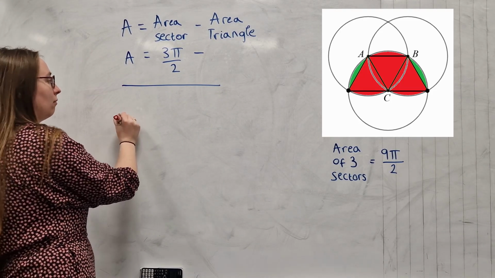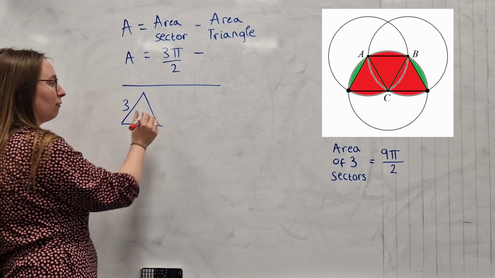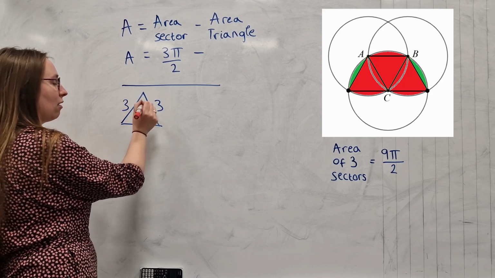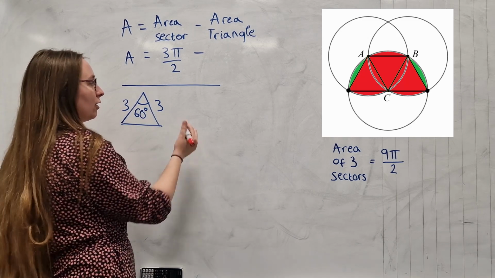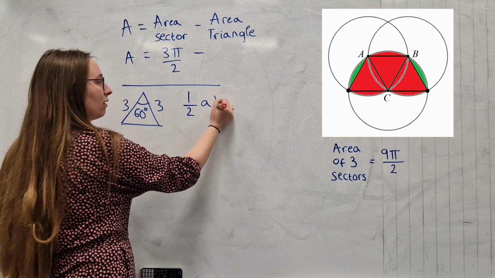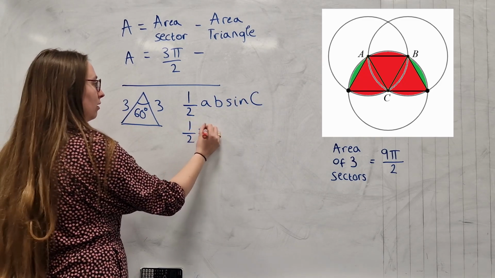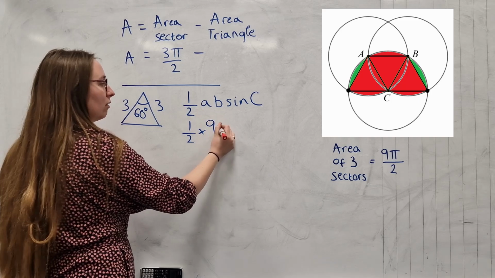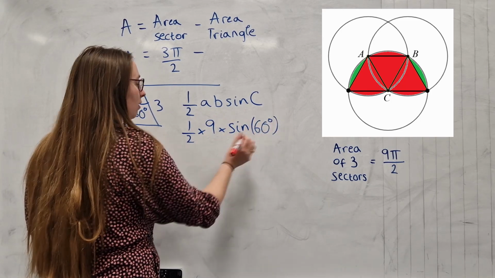Okay, so I'll draw the triangle over here again. This side is 3, this side is 3, and we know that this angle is 60 degrees. So I'm just going to use the formula for the area of a triangle, which is half ab sine C. So we've got 1/2 times 3 times 3, which is 9, times sine of 60 degrees.